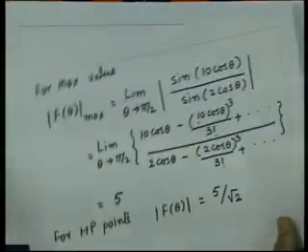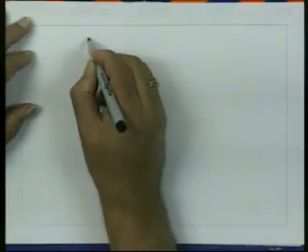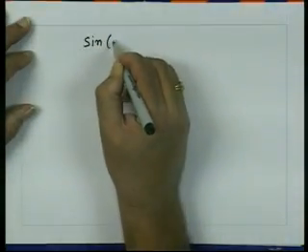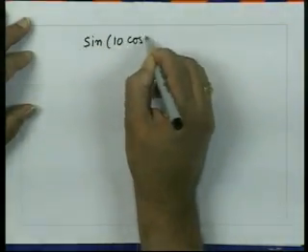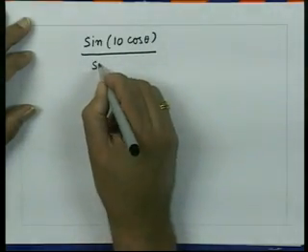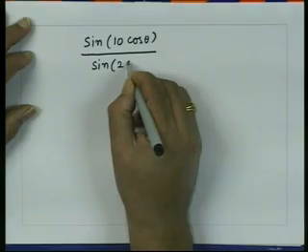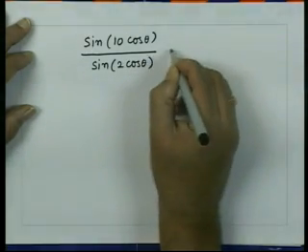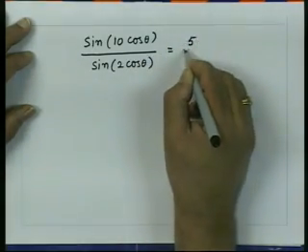So, we solve numerically the expression sine of 10 cos theta upon sine of 2 cos theta, that is equal to 5 upon root 2.